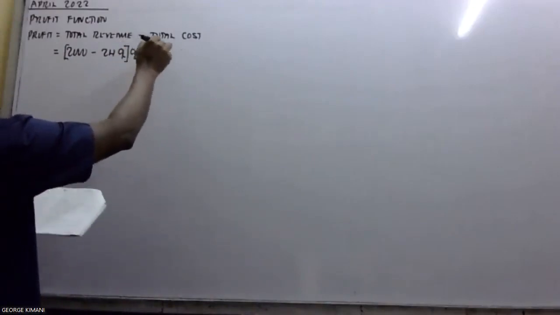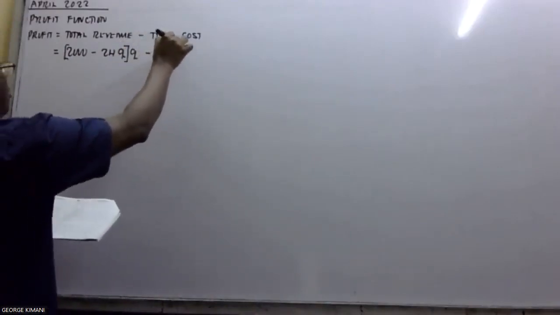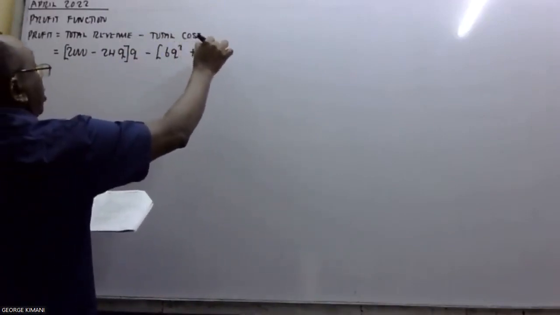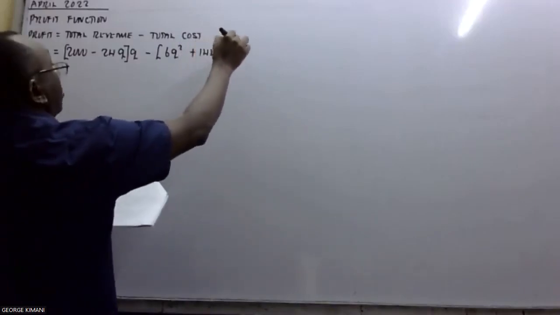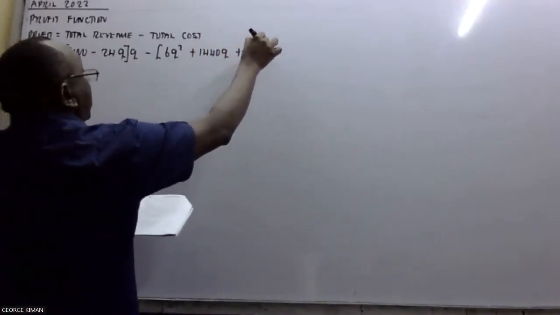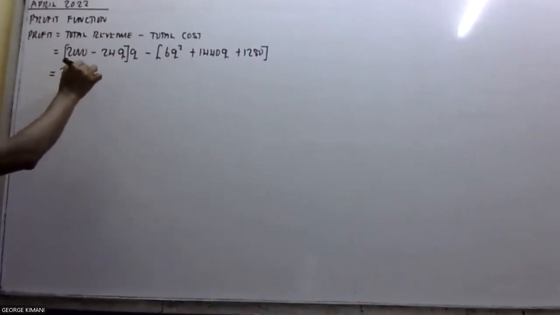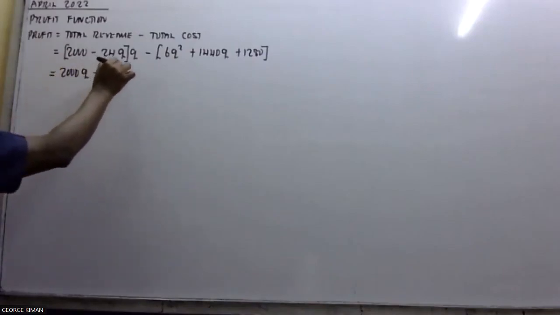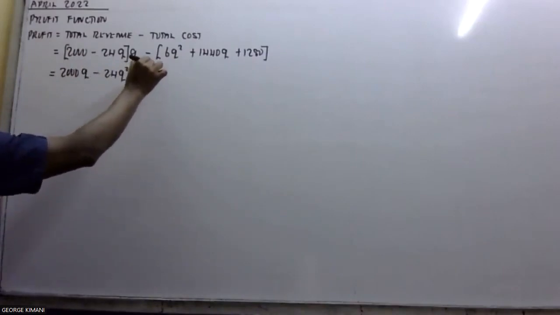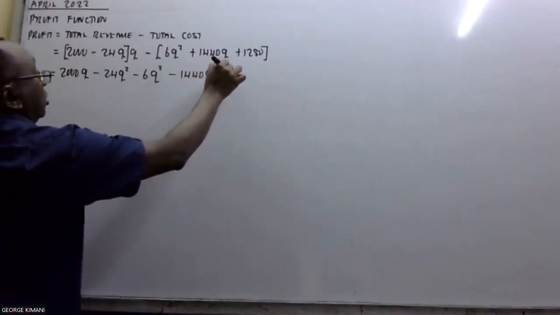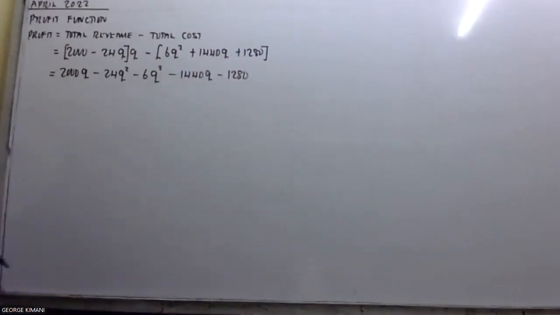The total cost is 6Q squared plus 1440Q plus 1280. So when you open the bracket, it opens up as 2000Q minus 24Q squared minus 6Q squared minus 1440Q minus 1280.